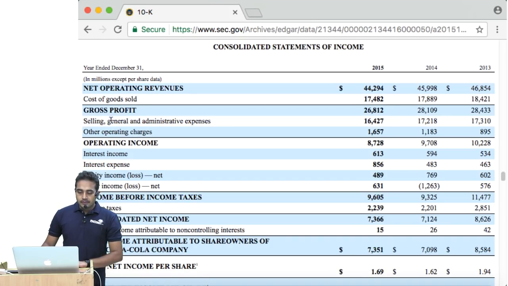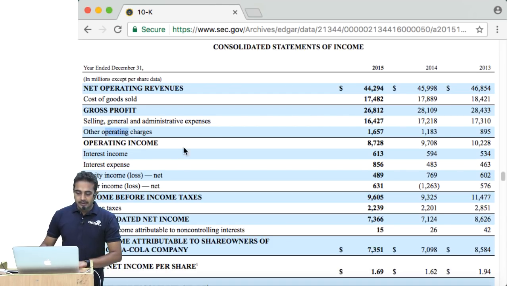Then we reduce SG and A expenses, selling, general and administrative expenses. So all operating expenses which is not COGS and not depreciation, we typically put in here. Okay, so that amount is 16427.